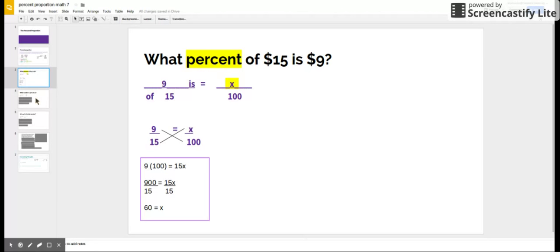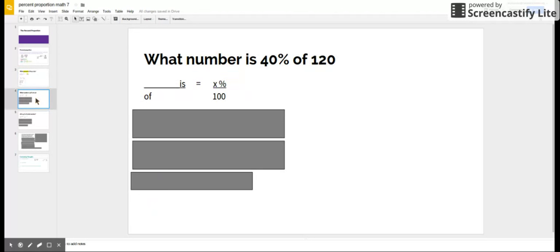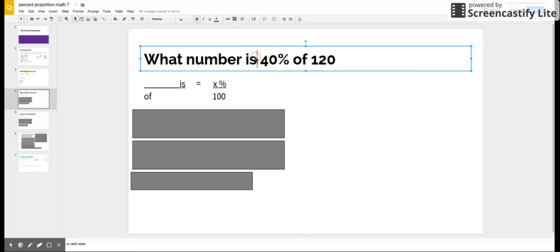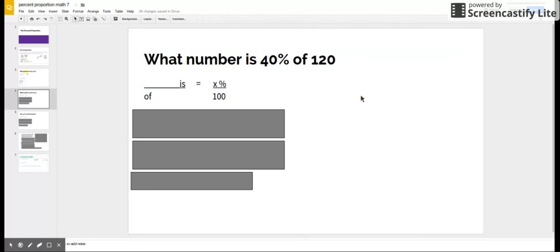Okay, so what number is 40% of 120? So we don't know what the number is, right? So this is going to be our x here. 40% we know is going to go up here. So not x percent, but 40% over 100.